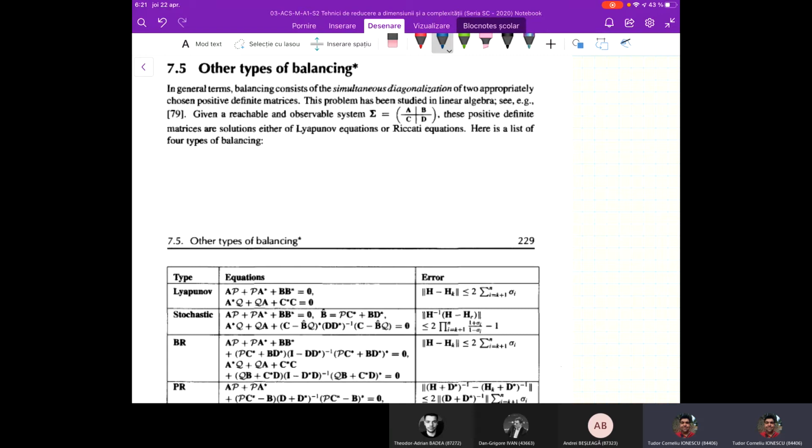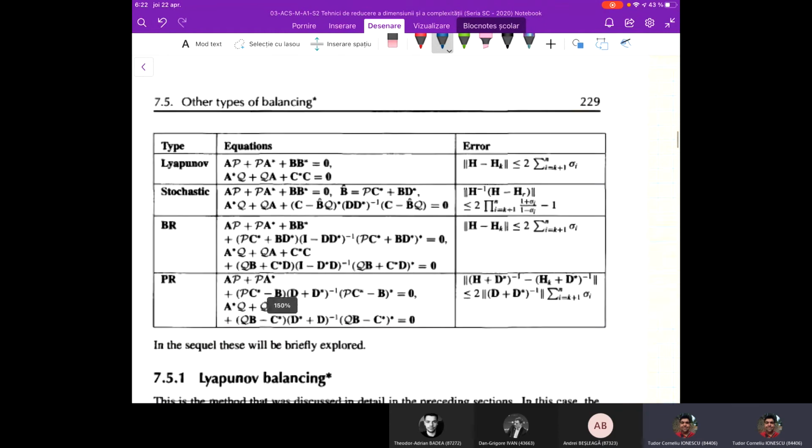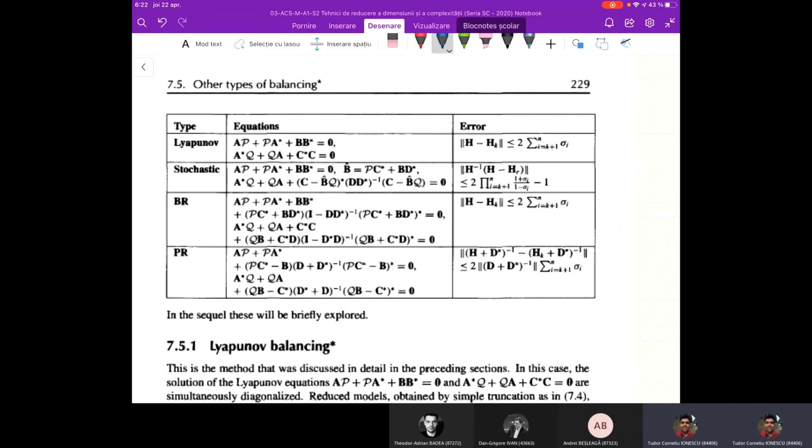So you can cook up specific energy functions depending on the class of systems you try to perform model reduction on, and then you can do balanced truncation algorithms based on these specific energy functions. And here is a table, very nicely.